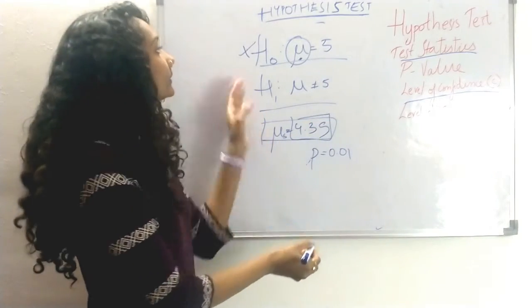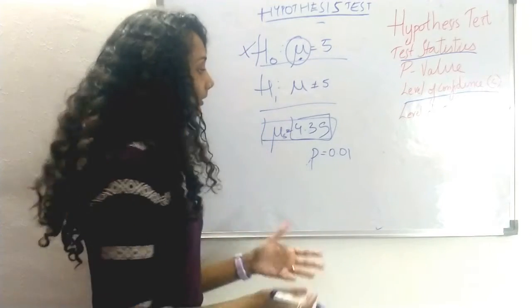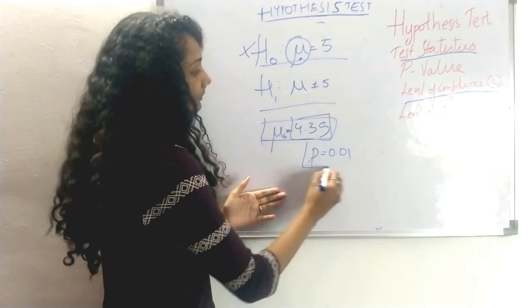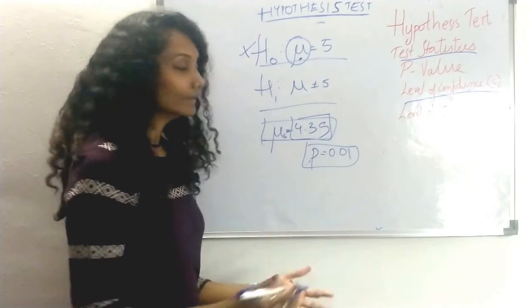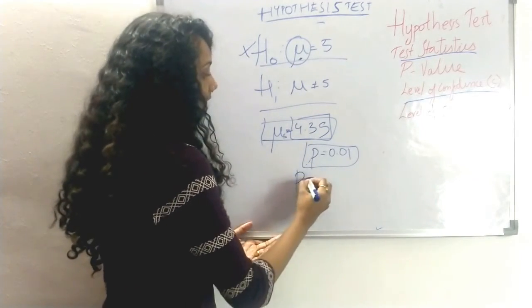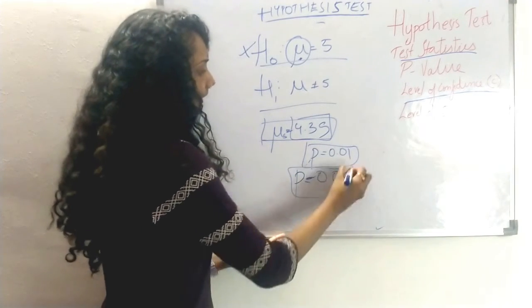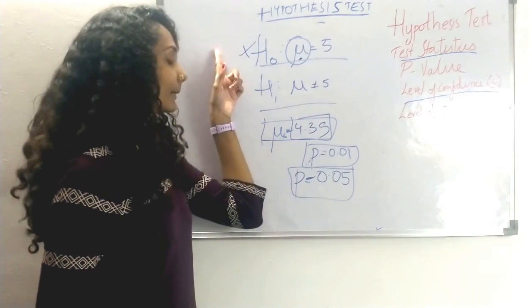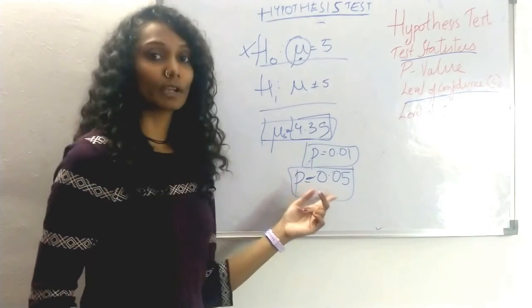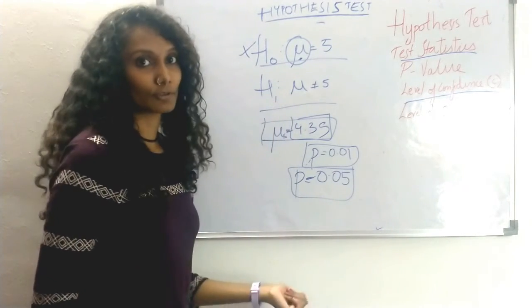Hence we assume that the null hypothesis is not true. Or to make it simpler, p-value is the probability of the null hypothesis being true, and the value most commonly taken for p is 0.05. If we get a value less than 0.05, we reject the null hypothesis. If we get a value greater than this, we fail to reject the null hypothesis.